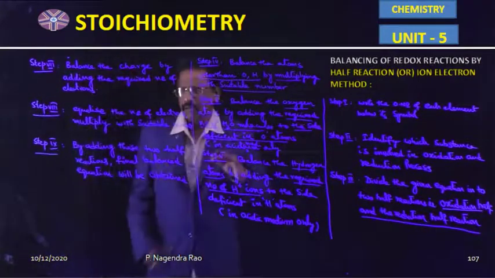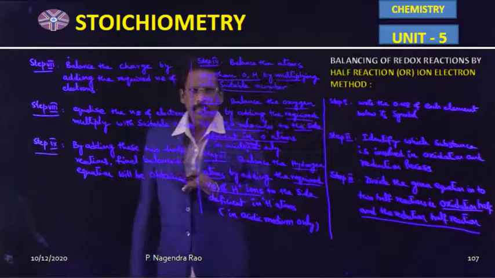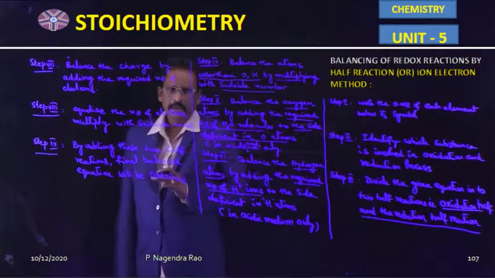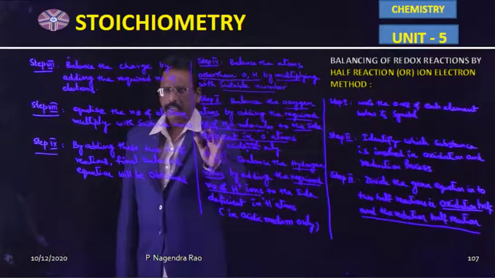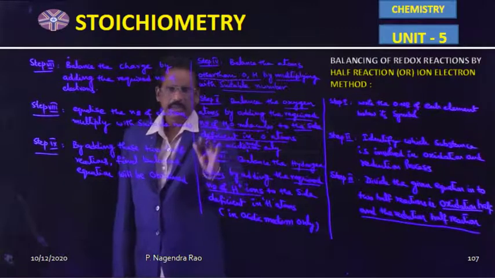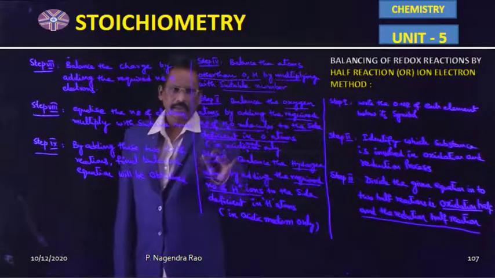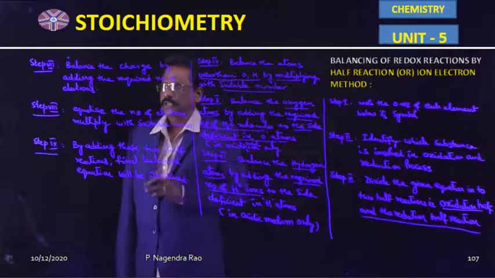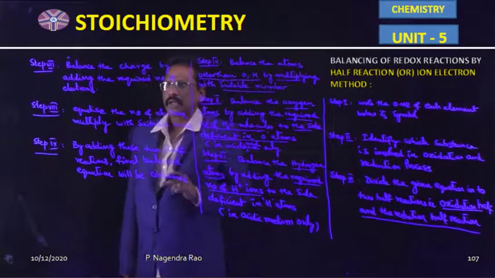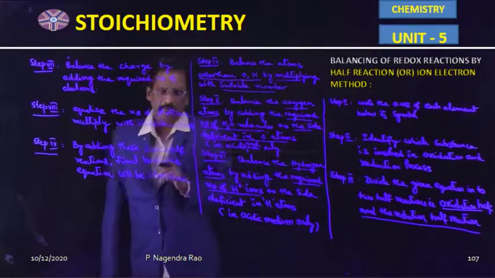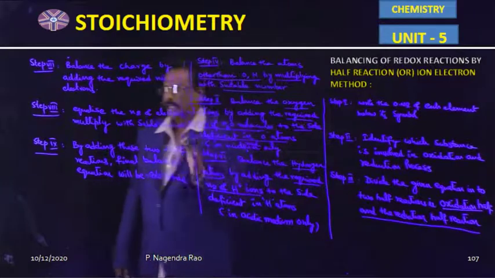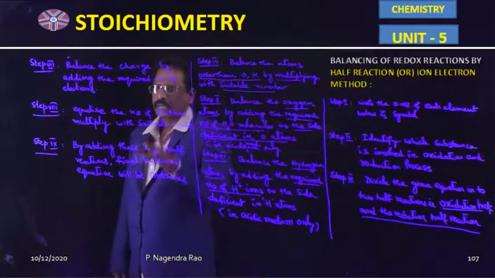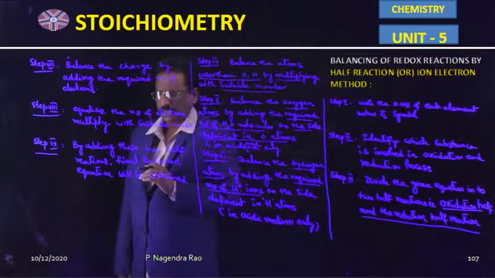After balancing the atoms in each and every half reaction, that means the oxidation half reaction and reduction half reaction, balance the charge by adding the required number of electrons, and then to equalize the number of electrons, multiply with a suitable number.